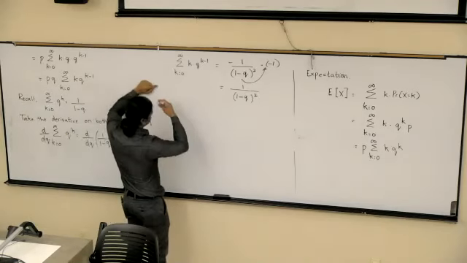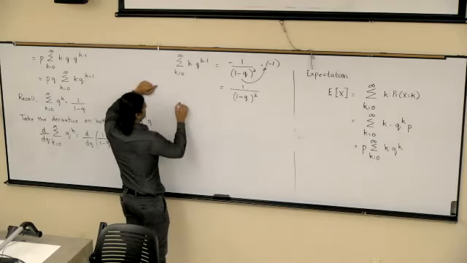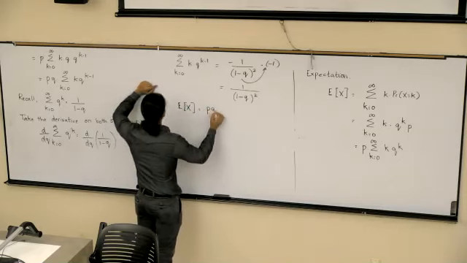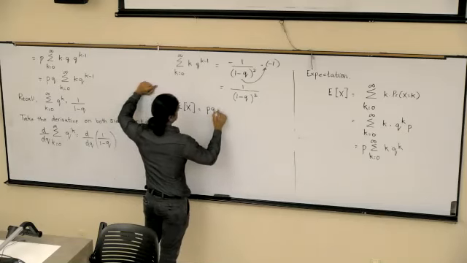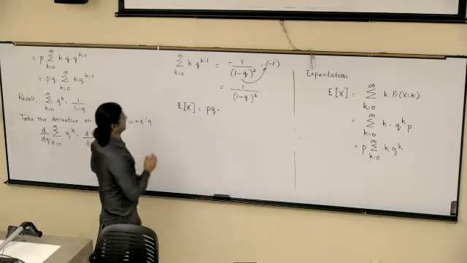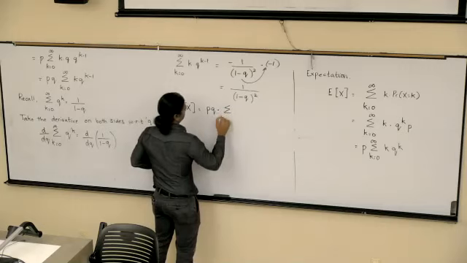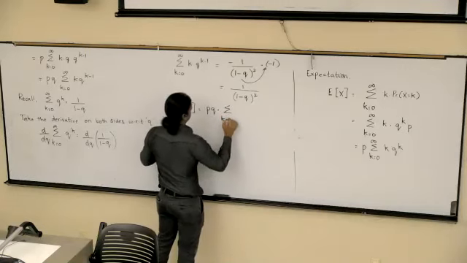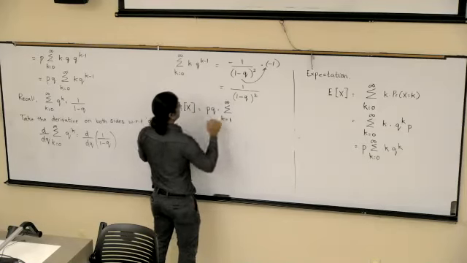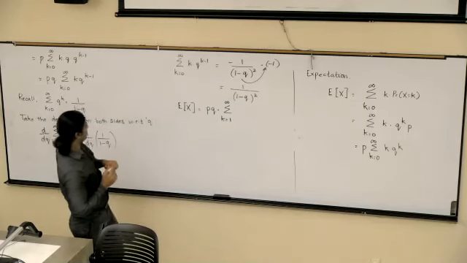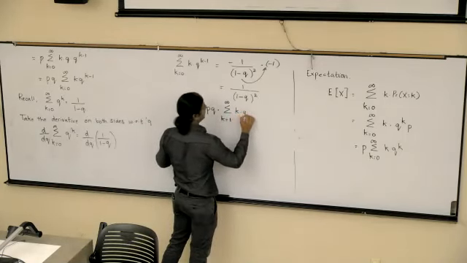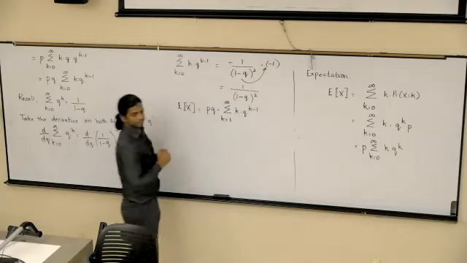So I will just change, expectation of x equals p times q multiplied by, let's change the index and see. Let's change the index, 1 to infinity, k times q raised k minus 1.